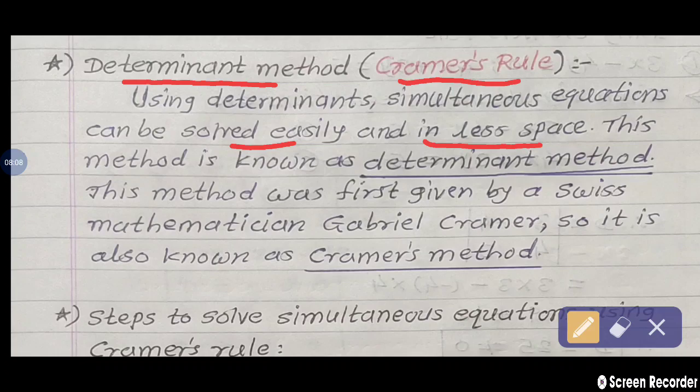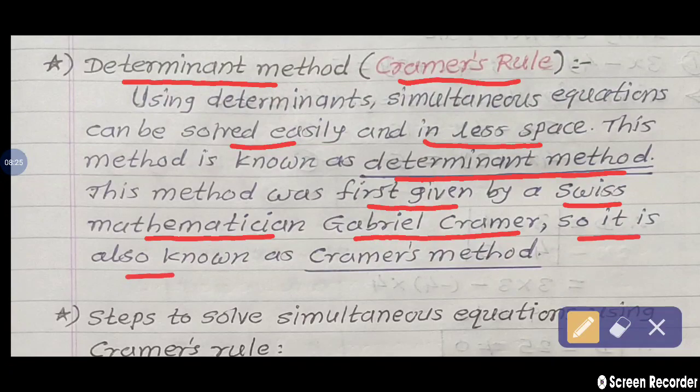This method is known as the determinant method. This method was first given by Swiss mathematician Gabriel Cramer, and so it is also known as Cramer's method.